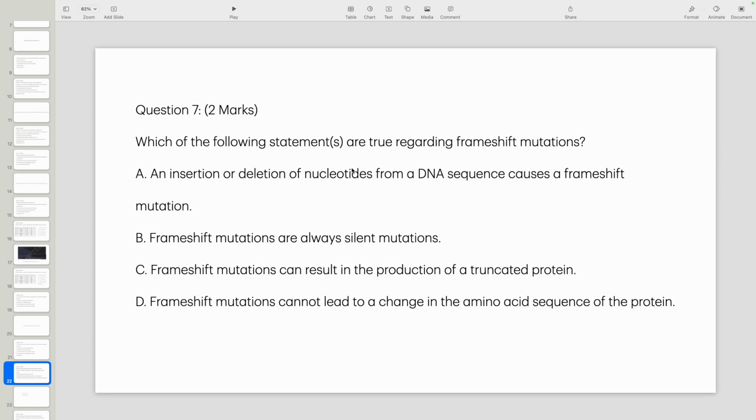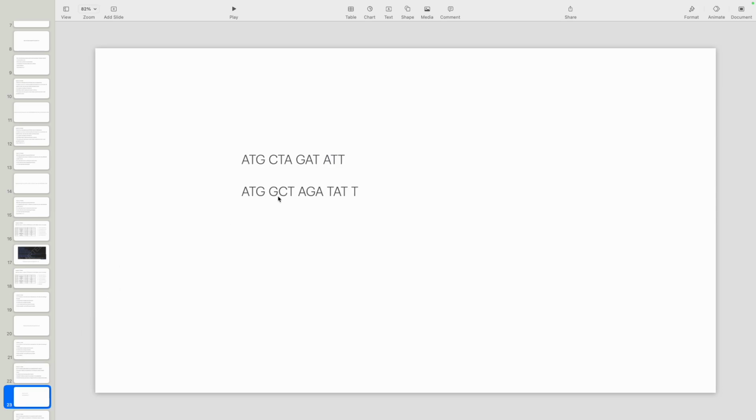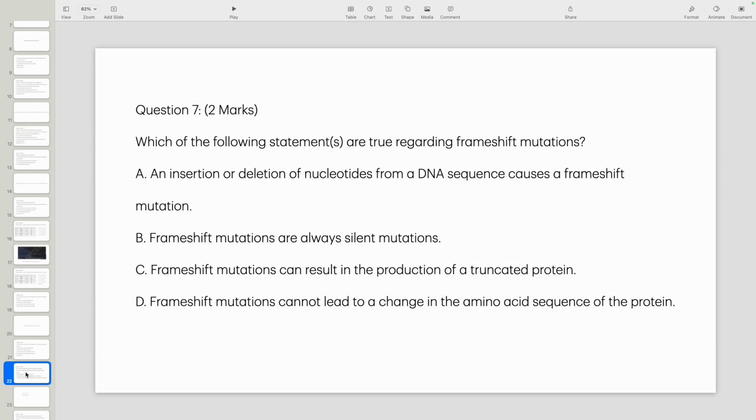So the correct option would be A. An insertion or deletion of a nucleotide from DNA causes a frame shift mutation. Here an insertion happened, so it changed the codons present in the sequence. It has changed the frame of the codon. The statement that frame shift mutations are always silent is not the case. The change that happens due to frame shift mutation can code for a different amino acid.